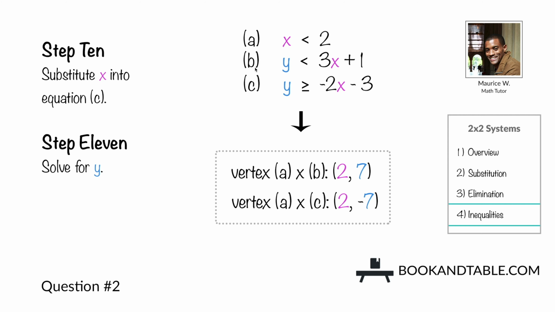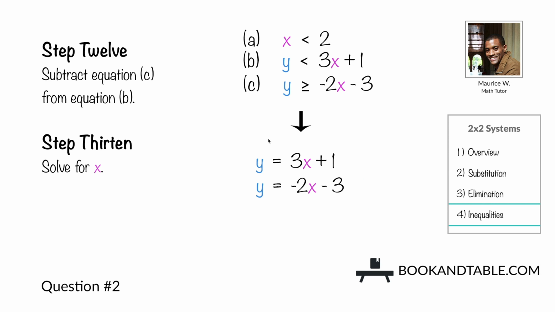And now we want to find the vertex for BC, so we write those two equations out. And since we can't cancel out our x's with addition or subtraction, we'll focus on our y's. And we have positive y for both, so we'll subtract equation C from equation B, giving us y minus y, which is 0. 3 minus -2x is positive 5x. 1 minus -3 is positive 4.